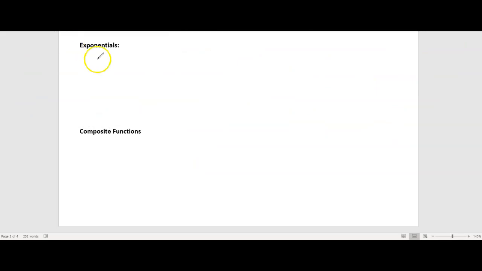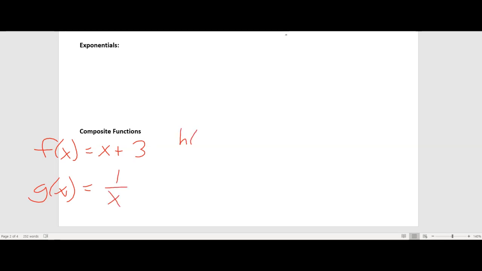All right, let's move on to our last section, composite functions. Let's say I have f of x is equal to x plus 3, and g of x is equal to 1 over x. The composite function that I'm going to come up with is h of x is equal to f of g of x.